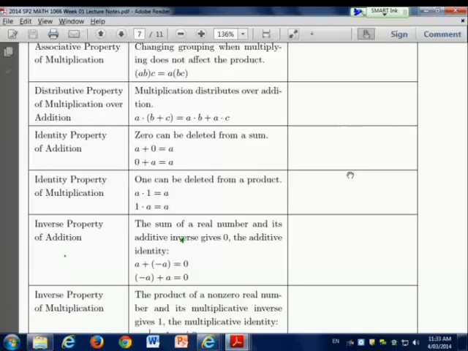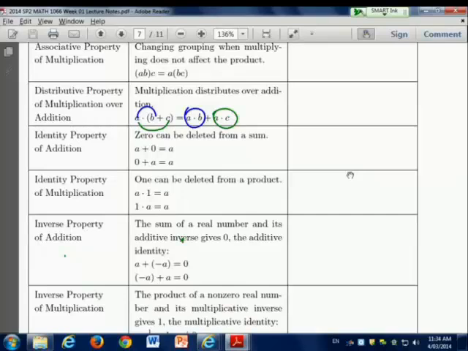Of course, you could work out the brackets first and then multiply, or you could multiply the A through the set of brackets. So the A gets multiplied by the B to give A times B, and the A gets multiplied by the C to give A times C, and then we add them together. We're going to come up against this all the time, so it's worth getting our head around.